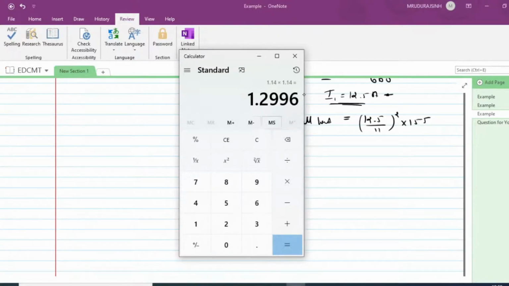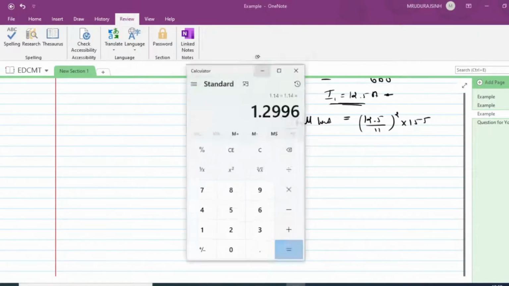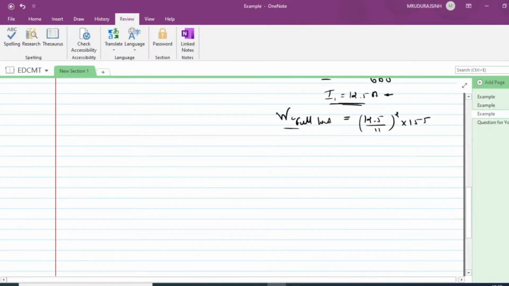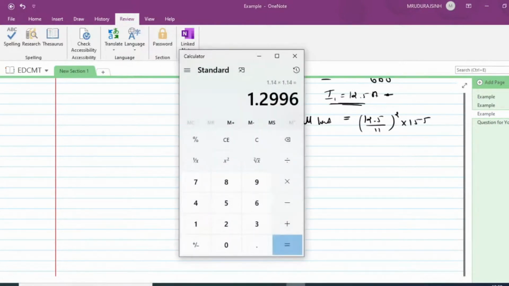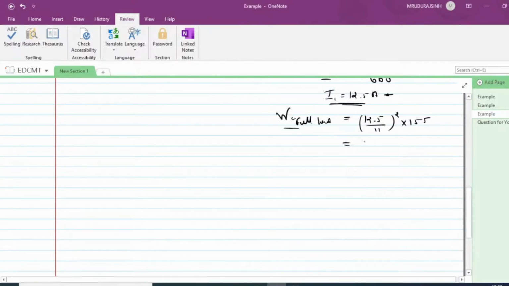So it's 1.3 almost. And 1.3 multiplied by 155 is 201.438. So we'll take it as 201 watt.